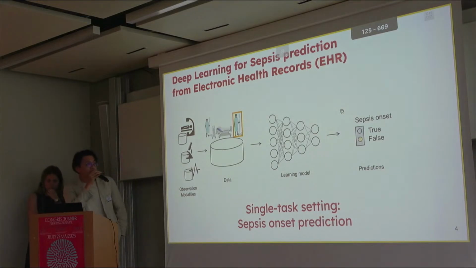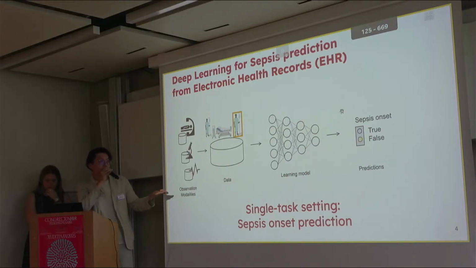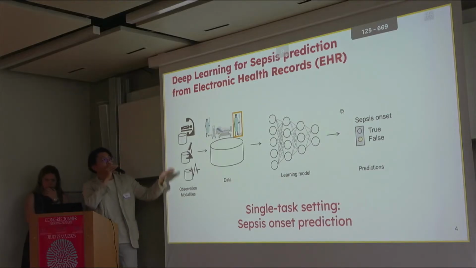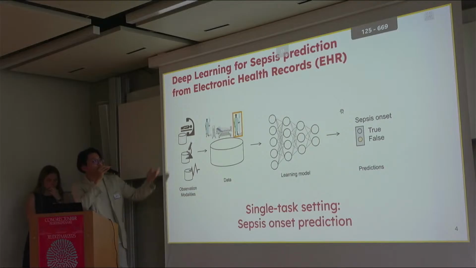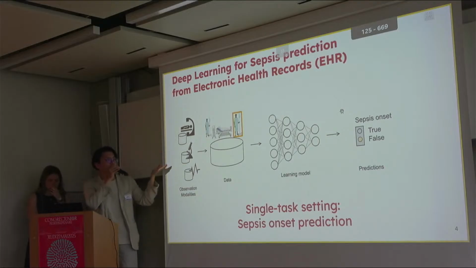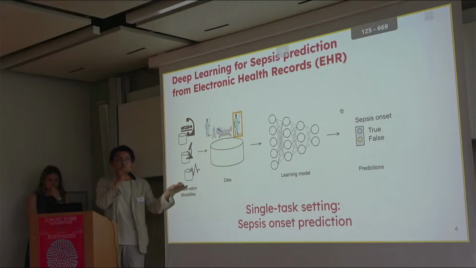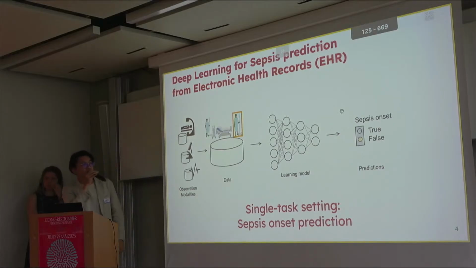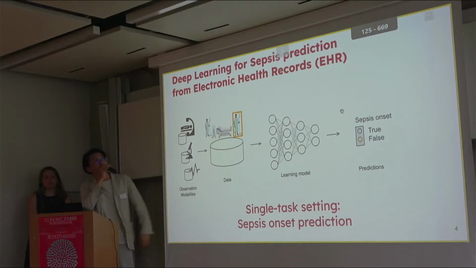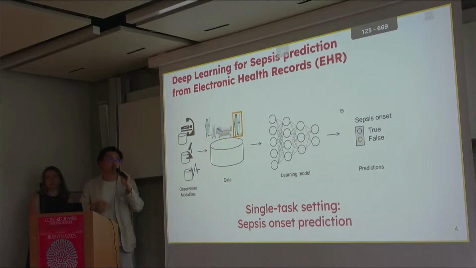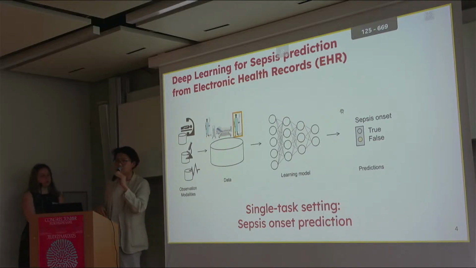And the data are obtained through different modalities, such as lab measurements, vital signs, and clinical time series data. The data is taken from hospitals in the form of electronic health records, and a deep learning model will be trained on this to recognize the patterns associated with sepsis.